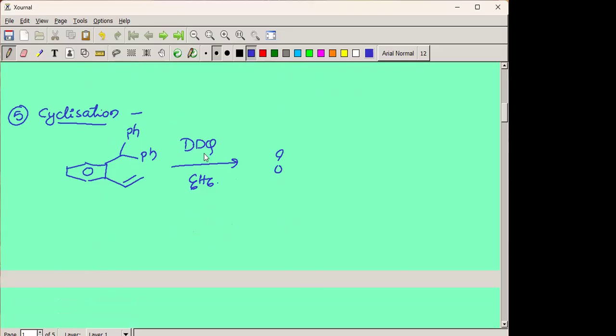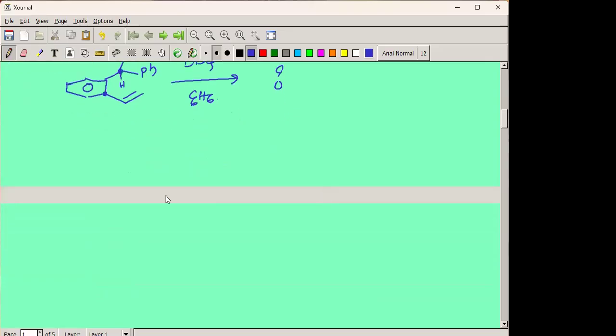DDQ will abstract the hydride ion. This is a double bonded carbon, so at this position there is no hydrogen, and there is no replacing of hydrogen from it. We have only one scope here. This is a benzylic hydrogen, so that benzylic hydrogen will be abstracted by DDQ.